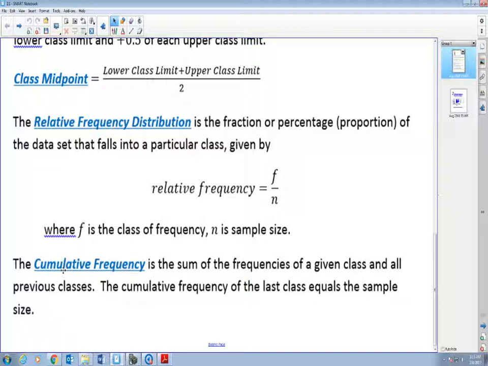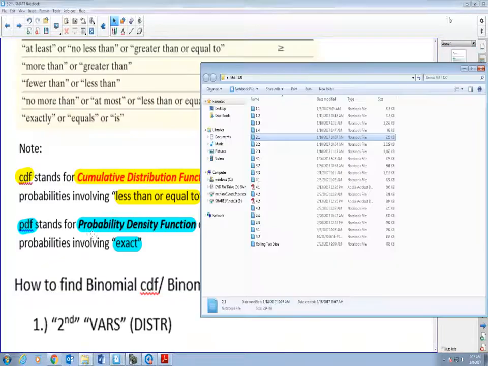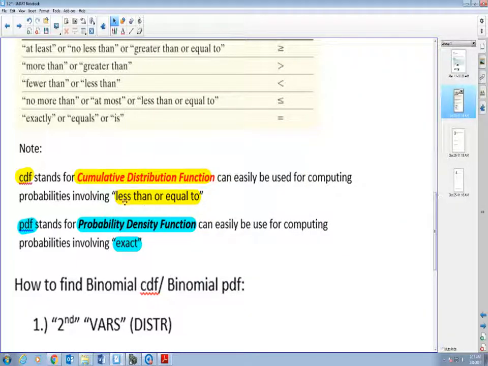When we say cumulative frequency, that's referring to the frequency of a given class and all the previous ones. It's accumulating from the beginning to where you want to stop. So that's the same concept as this word cumulative distribution. And I will show you as we go along exactly what's going on with the word cumulative.